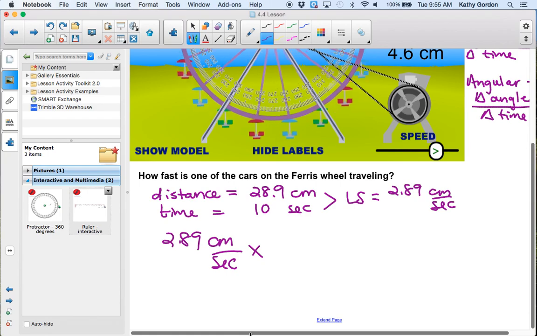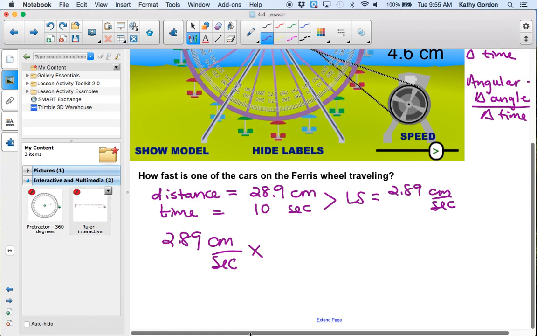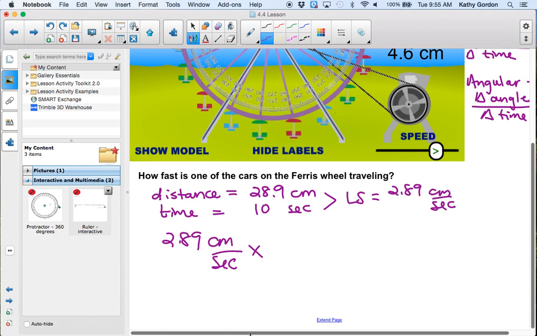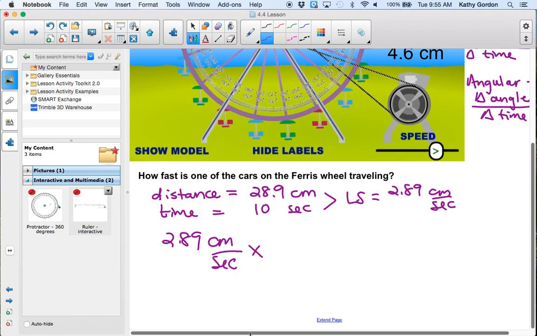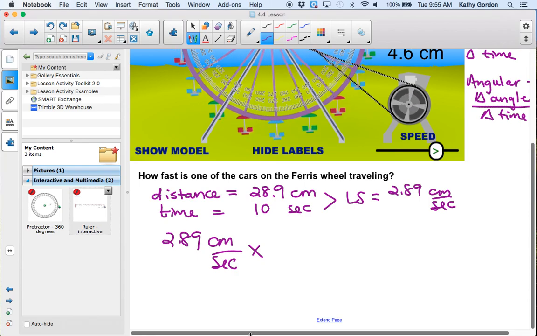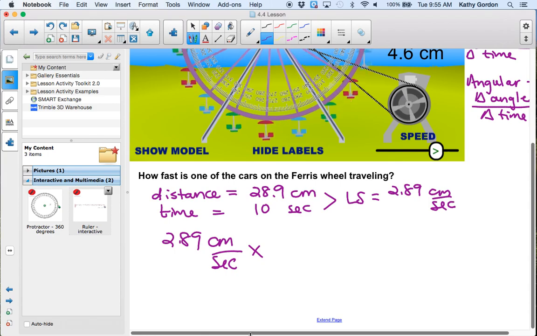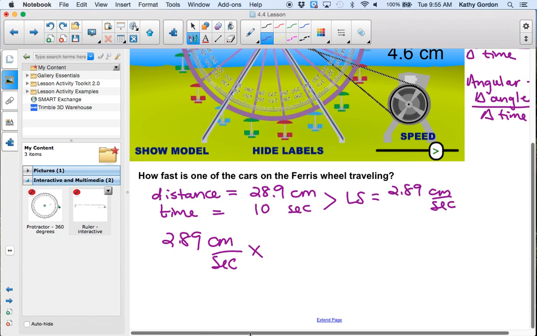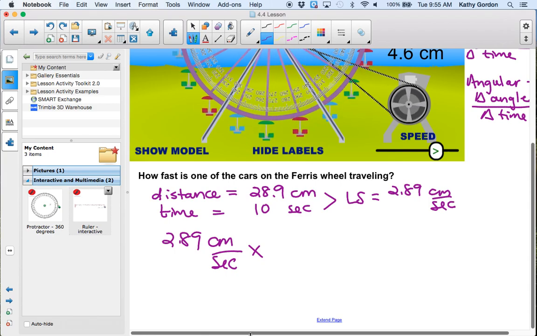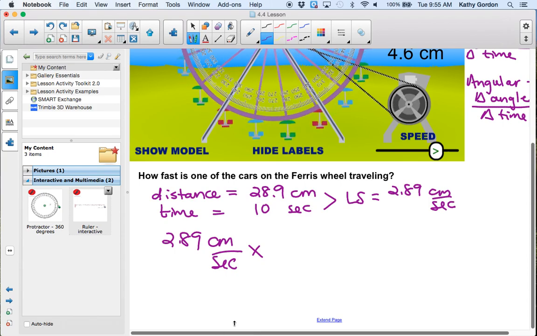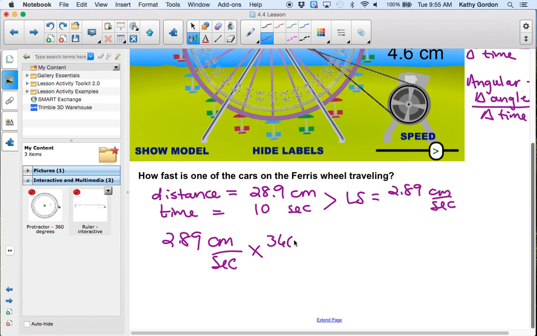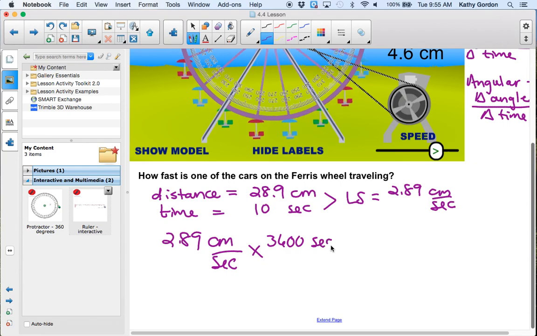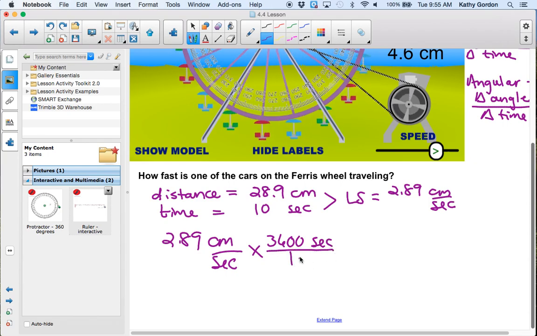Unit analysis is how you set up your numbers based on the units to make sure that units cancel out to give you the unit answer you want as well as the number answer you want. Because I have seconds on the bottom, I need my 3,600 seconds that are in 1 hour.